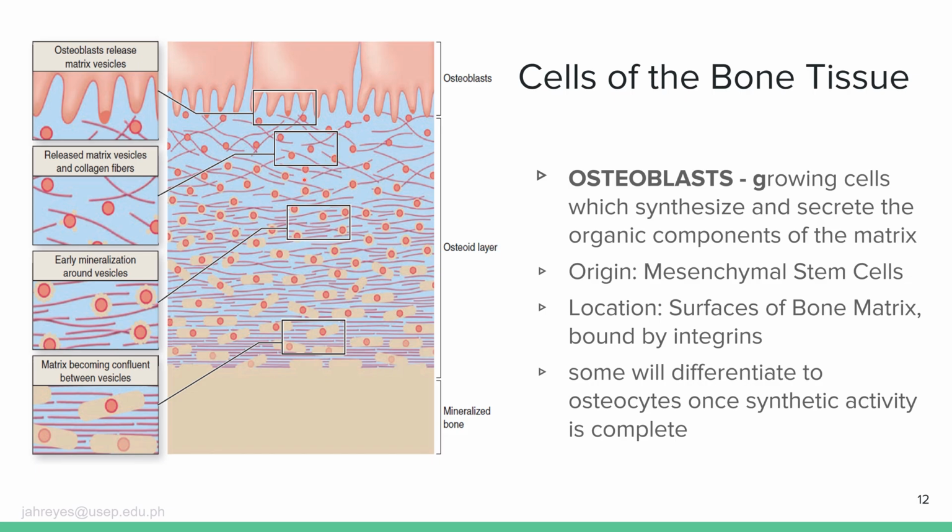So these bone matrix proteins also include the BSP1 or the osteopontin and the BSP2. Those are bone sialoproteins, referred to also as multi-adhesive glycoproteins.